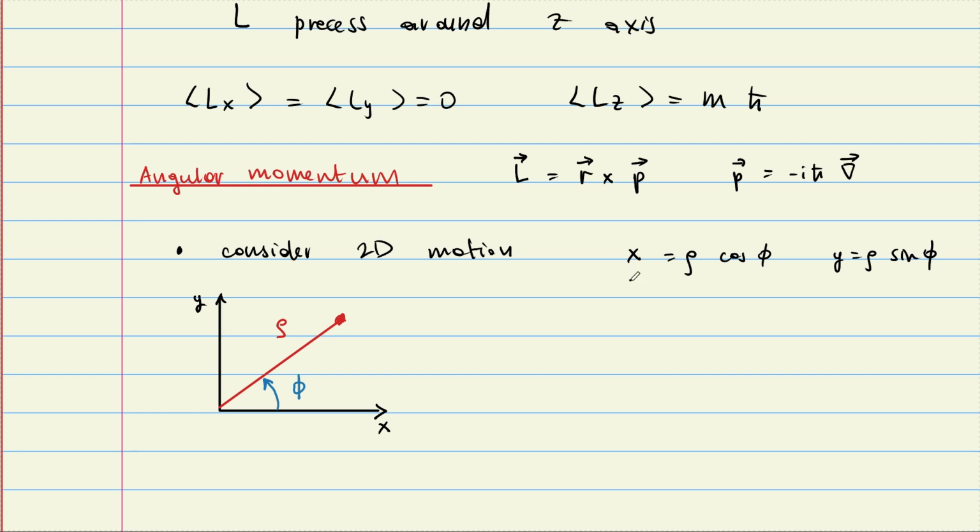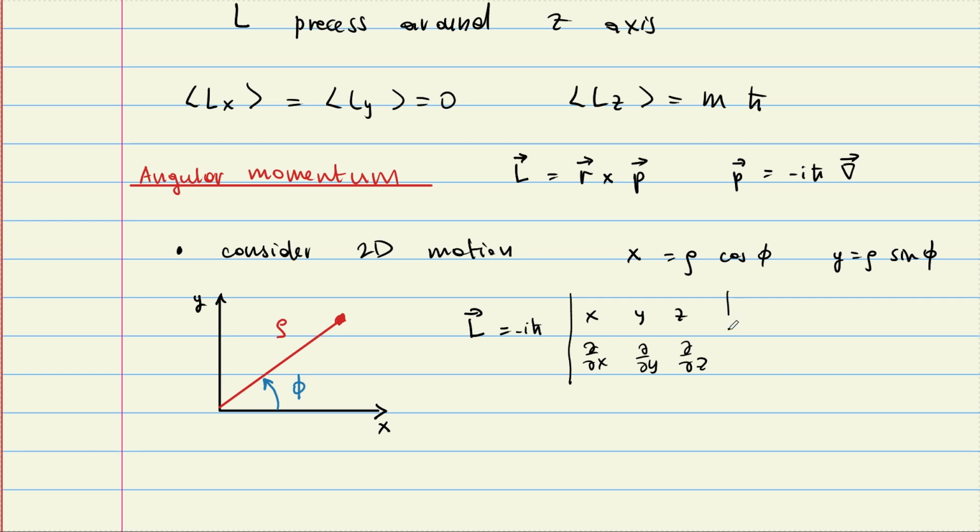And I am interested in the z component of this thing, so let's look at the z component. L is equal to, how do you calculate the cross product? Just look at x, y, z, minus i h bar, del x, maybe not to scare you. Okay, let me write it in more detail. I'll put the minus i h bar in front. So this is going to be del x, del y, del z.